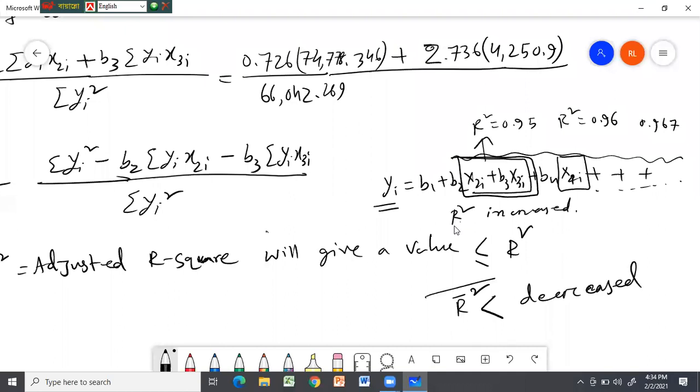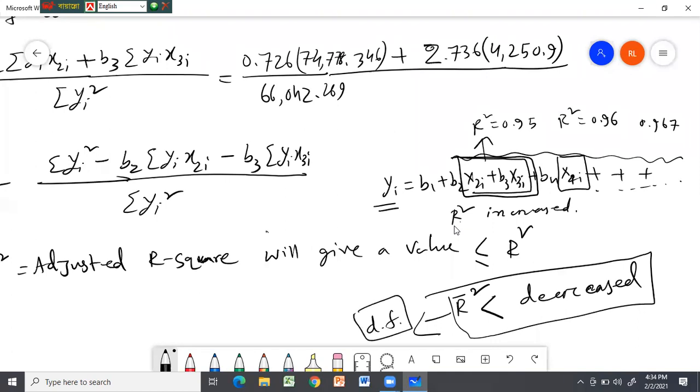Now you can ask me: R square has increased when I add more explanatory variables, so why has adjusted R square decreased? I already told you that adjusted R square considers the degrees of freedom in the calculation of this value. And the value of adjusted R square starts to decrease when you add more explanatory variables.